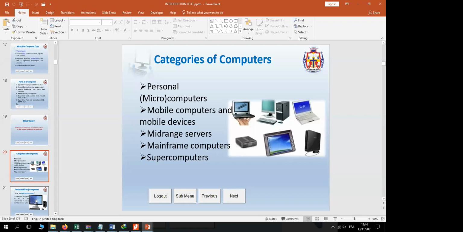So in other words, we can categorize them in different ways. Now, specifically, let's put our emphasis on personal computers. What is a personal computer?